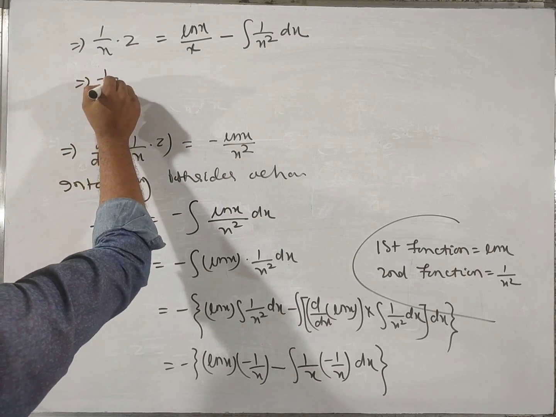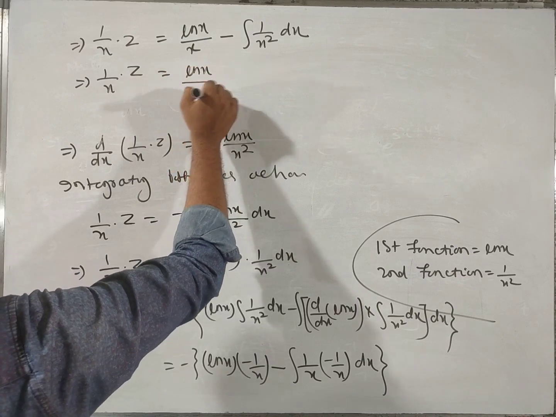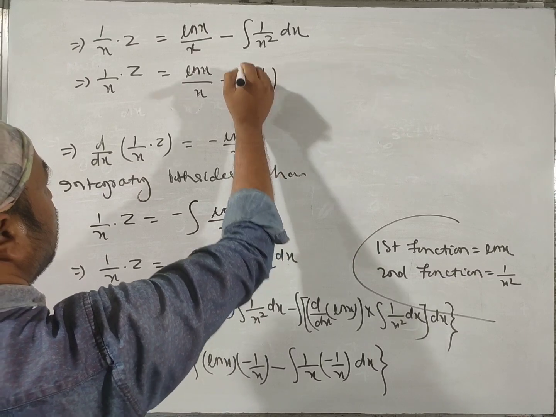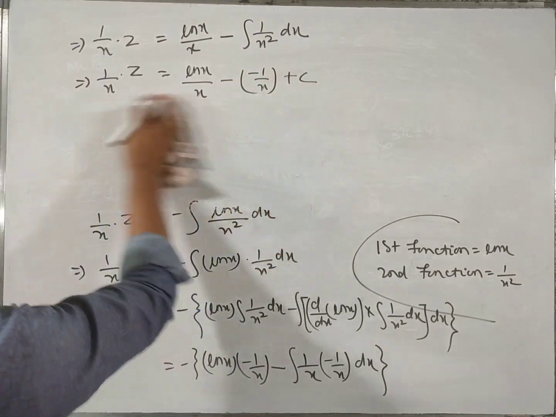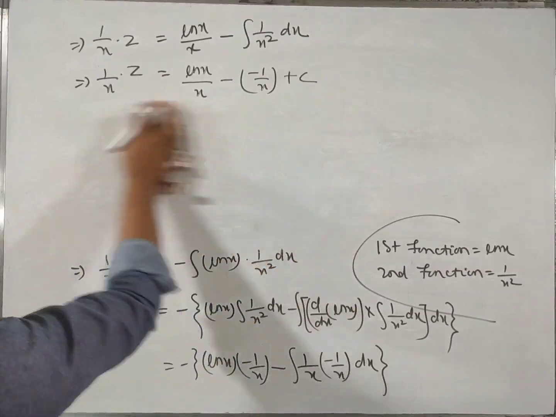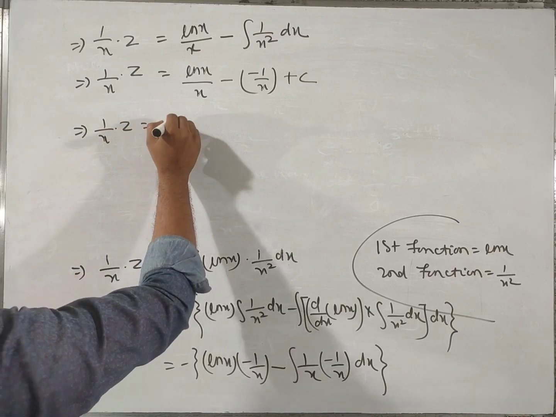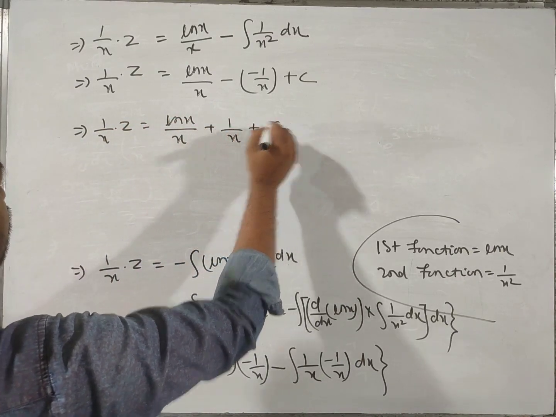Then 1 upon x into z is ln x divided by x minus integral of 1 upon x square, which is minus 1 upon x, plus any constant c. Then it will be 1 upon x into z is ln x divided by x plus 1 upon x plus c.